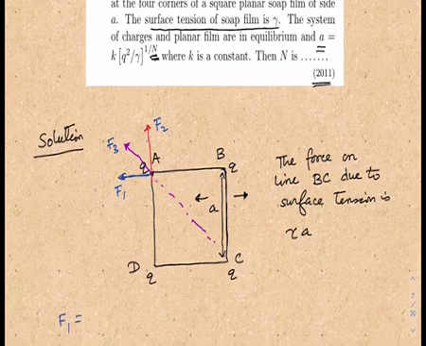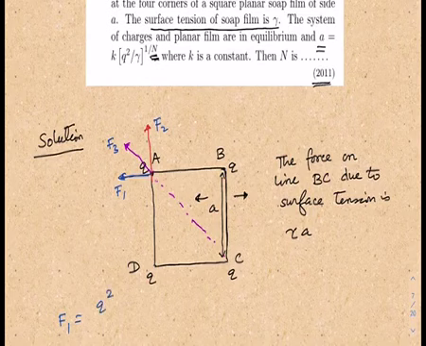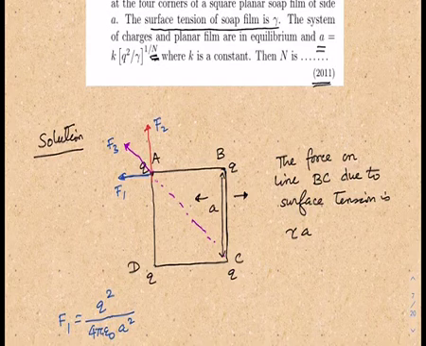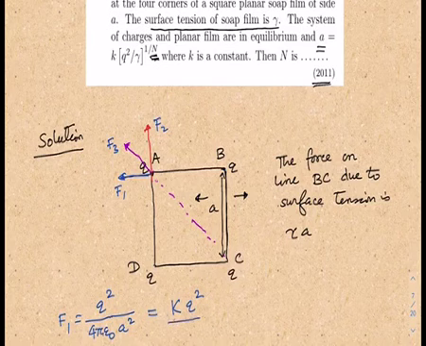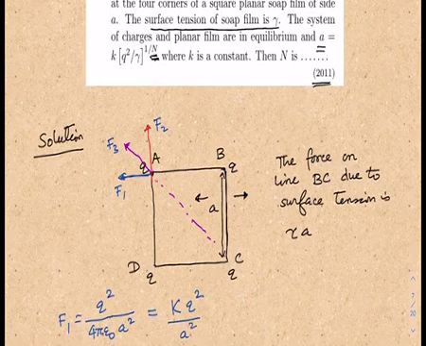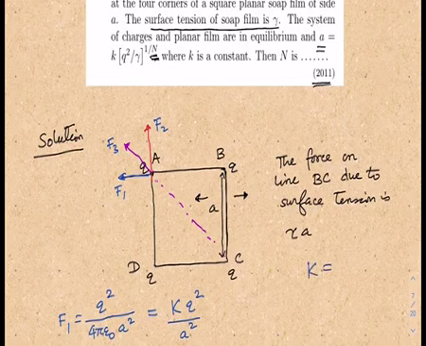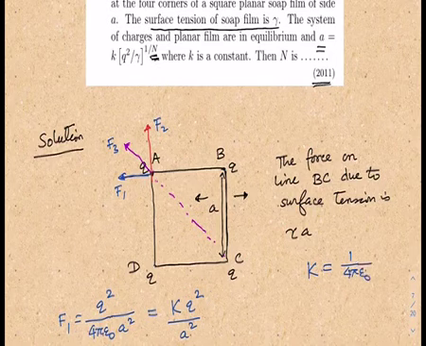Now F1 is obviously equal to, due to B, q square divided by 4 pi epsilon 0 A square, which, for simplicity, I can write as some constant k q square by A square, where capital K is equal to 1 by 4 pi epsilon 0.